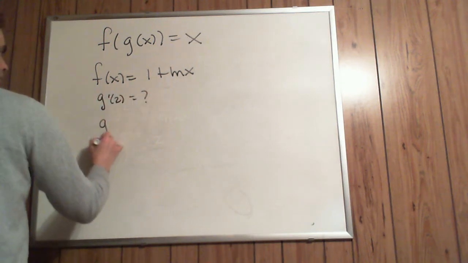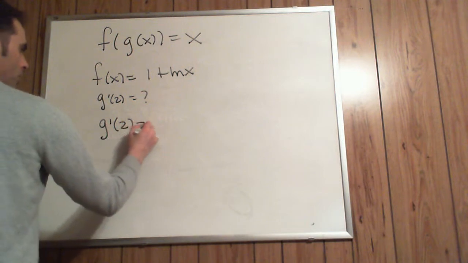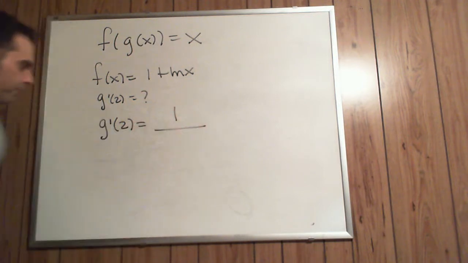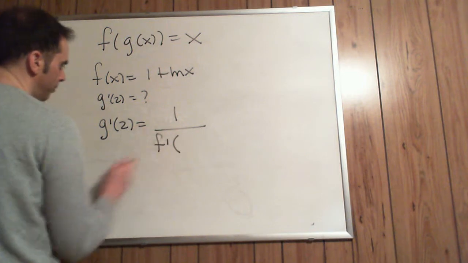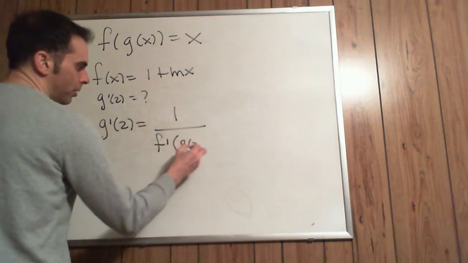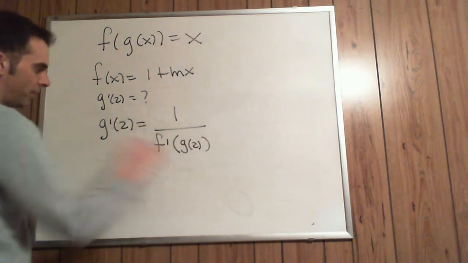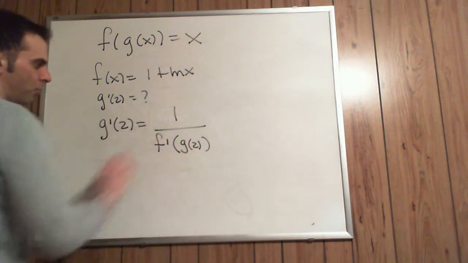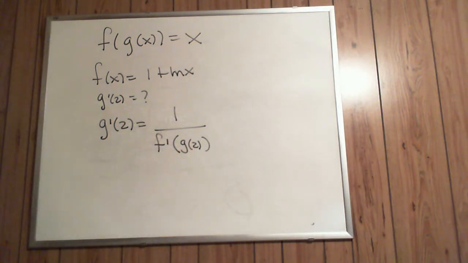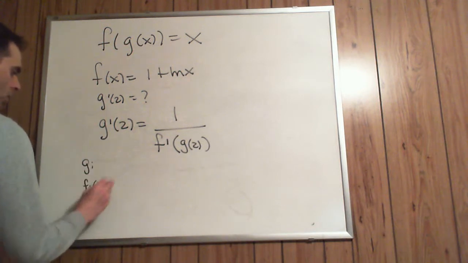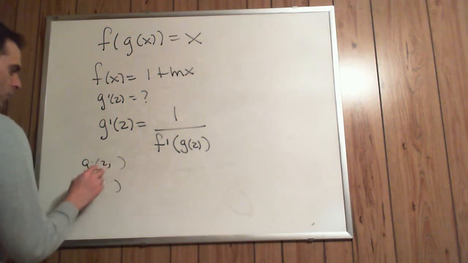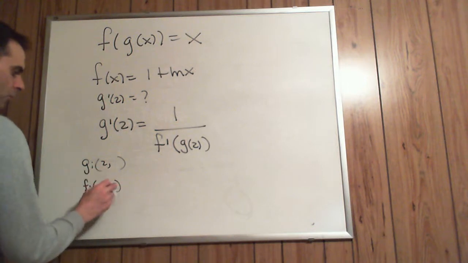Well, by the rule 11, g prime at 2 equals 1 over, change it from g prime to f prime at g at 2. This inside stuff gets written from here without the prime symbol. So I set it up, g colon, f colon.